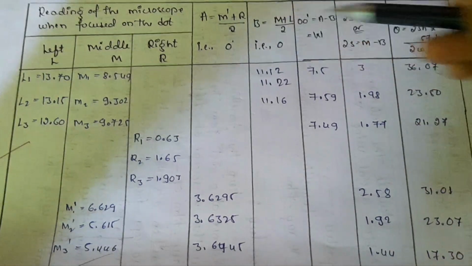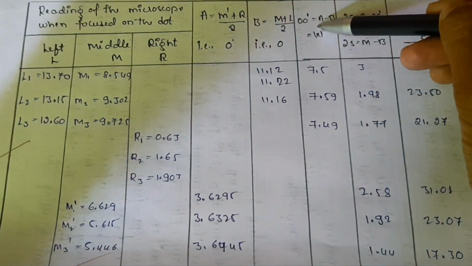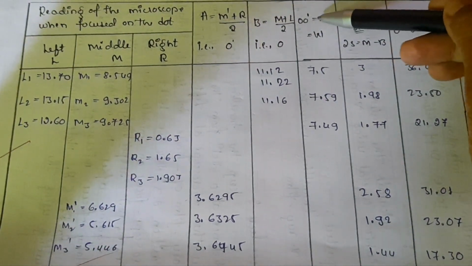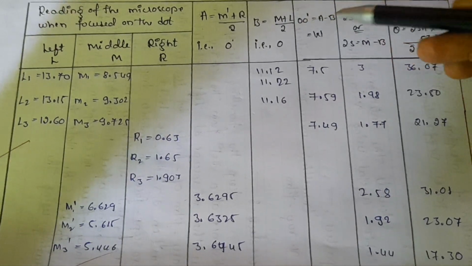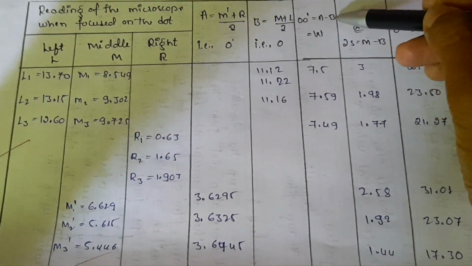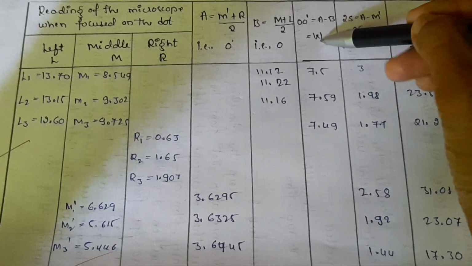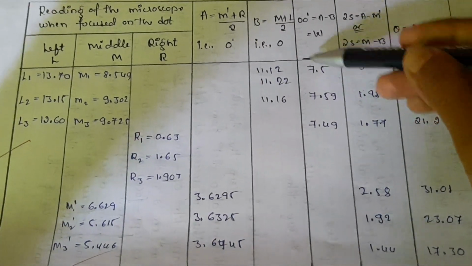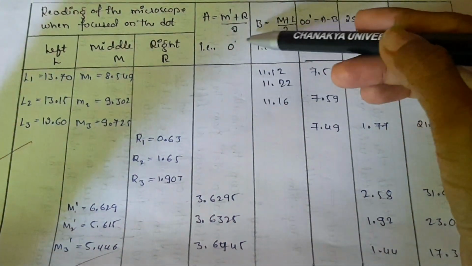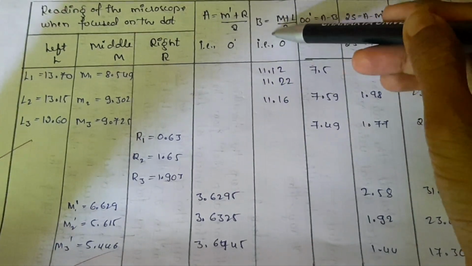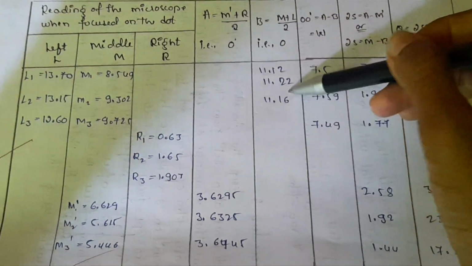Once you get the A and B values, you can calculate the distance from the origin O prime, that is equal to A minus B, that is equal to W. We can calculate it by subtracting the A and B values, A minus B, this column and this column.